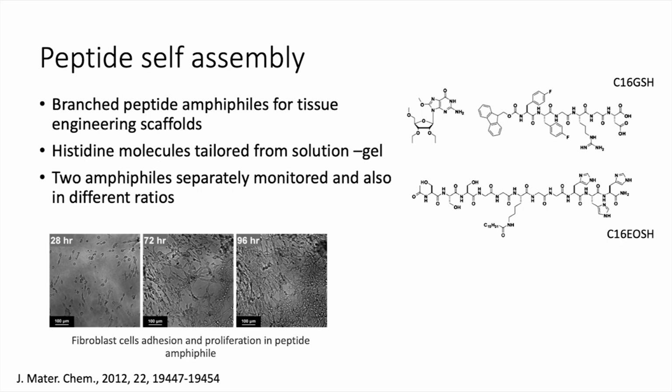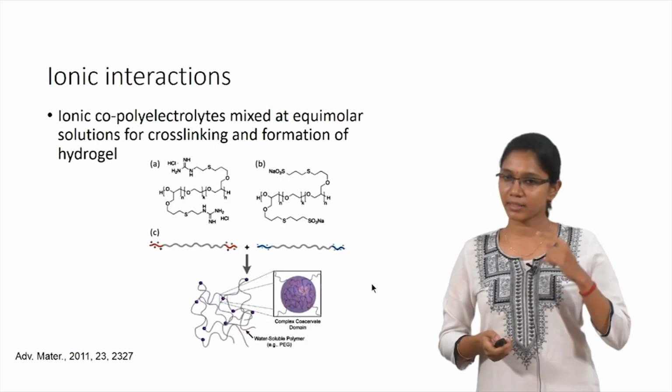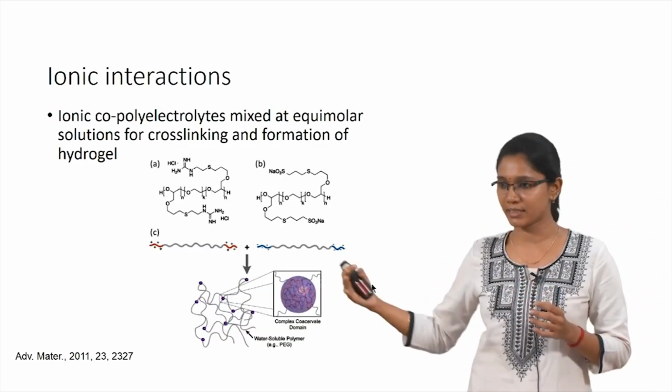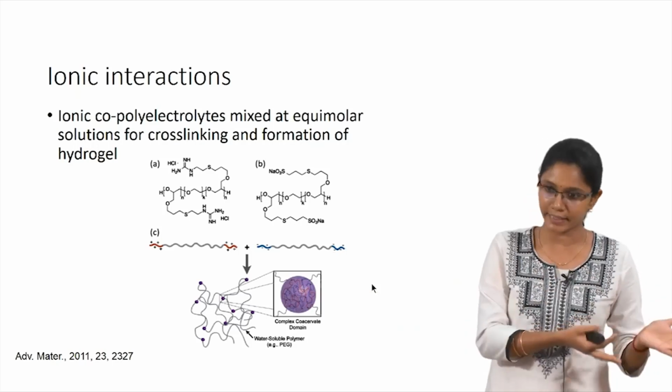So, the figure that we see here is for 24, 72 and 96 hours in the fibroblast cell lines, where they have taken a specific ratio of both these peptide amphiphiles and then seen how the proliferation increases. So, this also shows that over a period of time they have very good proliferation for these fibroblast cell lines.